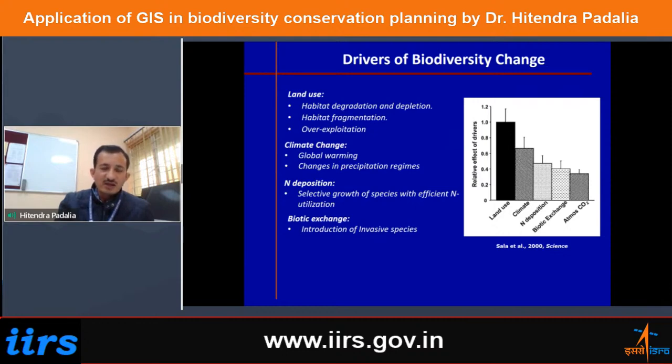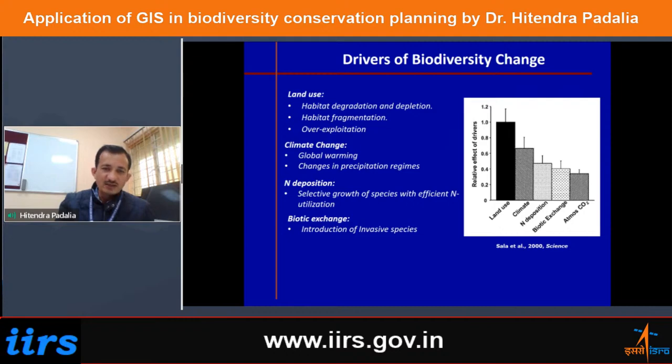But in general, you can understand from this slide that one of the most important drivers of change on the terrestrial surface is land use change. Humans have modified the surface, and deforestation rates were very high about 4 or 5 decades back, but in many countries these rates are still very high, and habitat loss is happening.